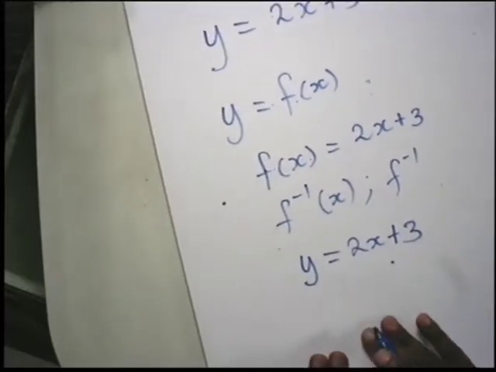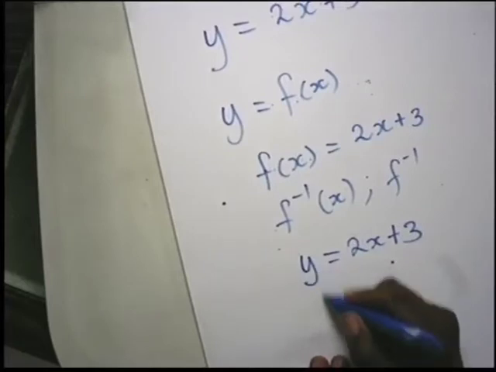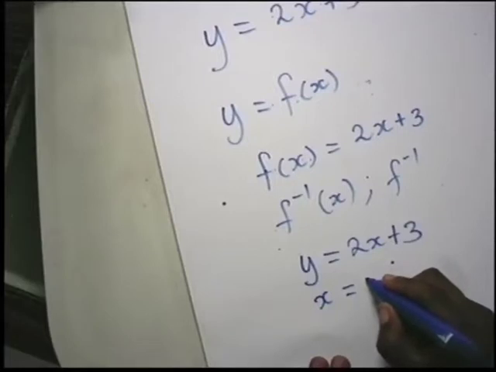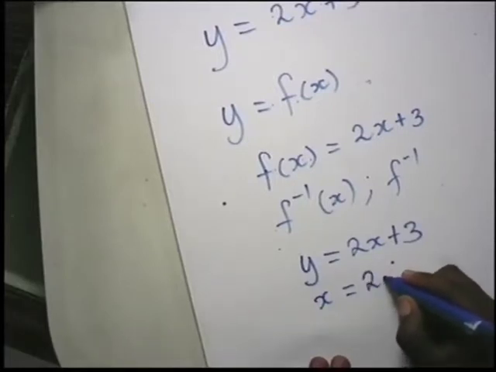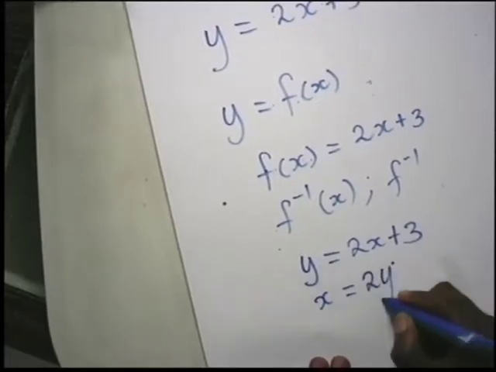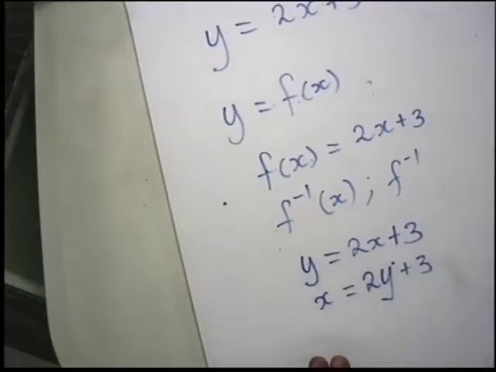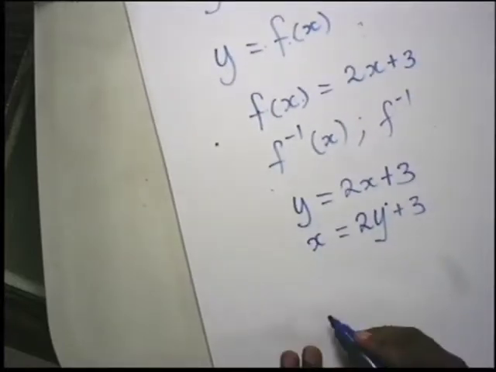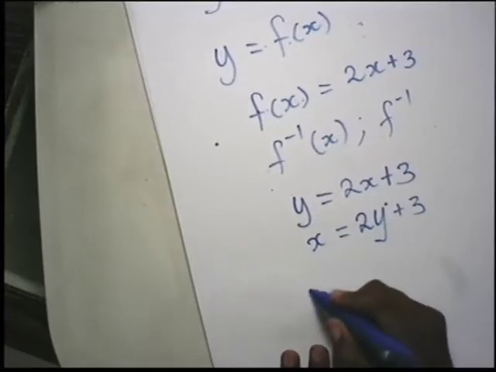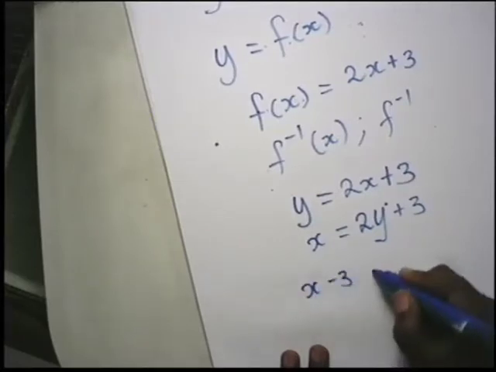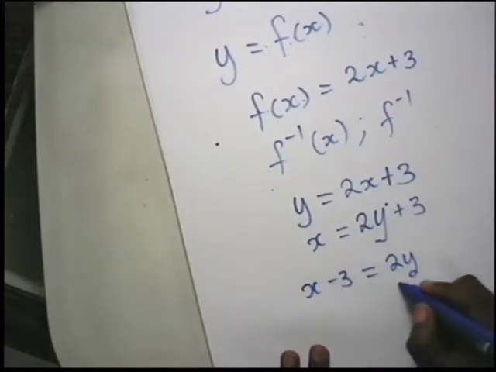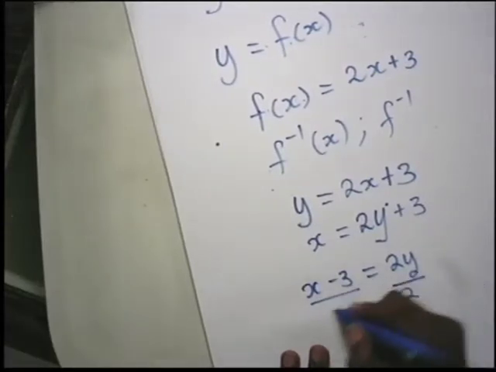Now what you do, you replace y by x, and you replace x by y. So you write it like that, and then you solve for y. In other words, try to make y the subject of the formula. So now you have x minus 3 is equal to 2y. So divide both sides by 2.